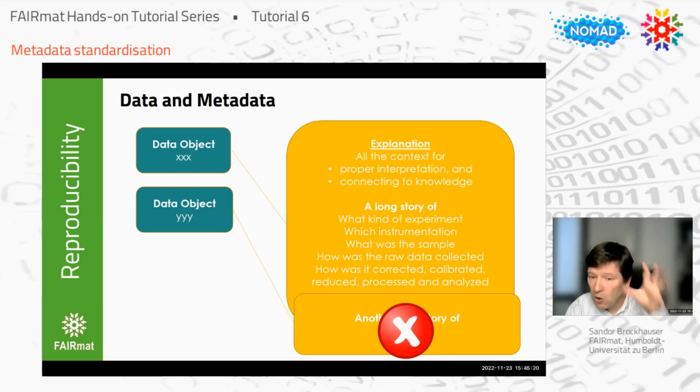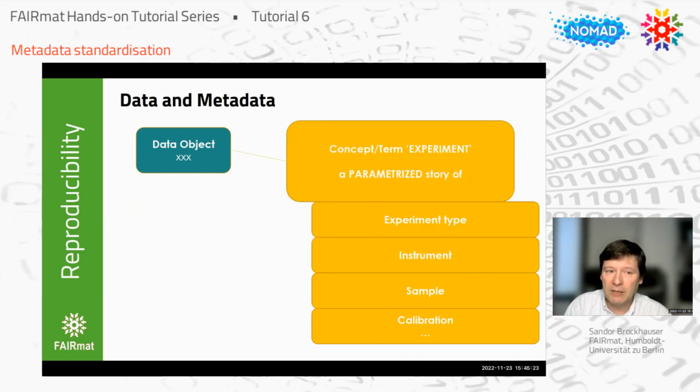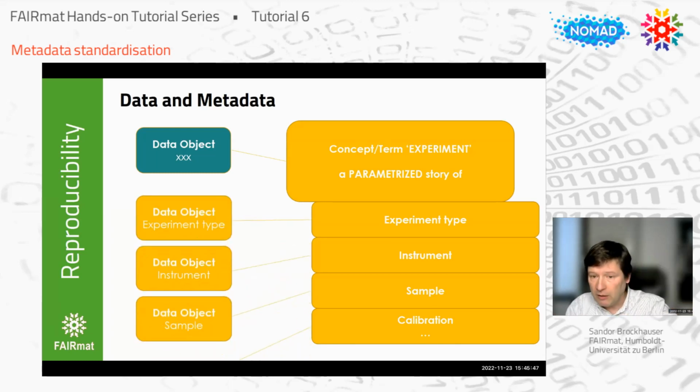So instead of having long stories, what needs to be done is to use a parameterized story. Indeed, for the data object to explain our XXX, we will use a new term, an experiment, which is a parameterized story of which kind of experiment I used, which kind of instrument I used, all the things I just mentioned. But this is now organized in a way that these are parameterized, and I can attach metadata which explains which experiment type I used, which instrument I used, and so on.